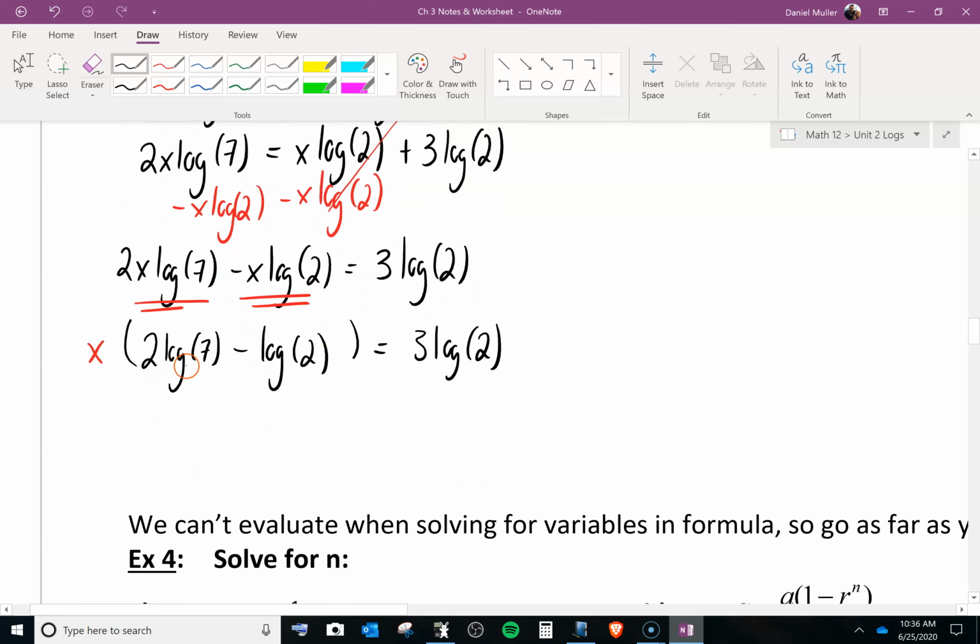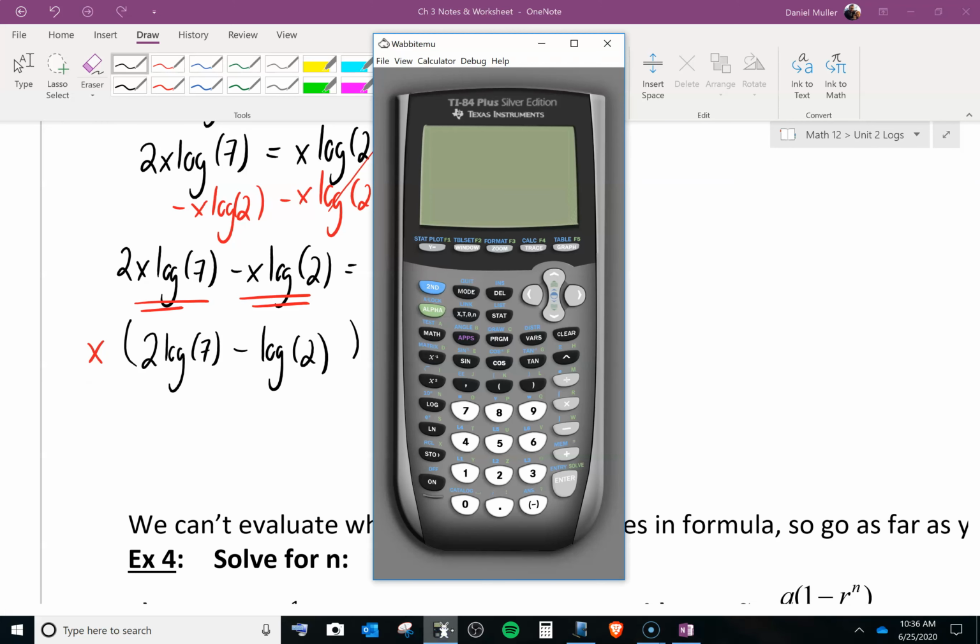So this is just a number. We can put this in our calculator if we wanted to. So you can go 2 log of 7 minus log of 2. I mean, that's just almost 1.4.